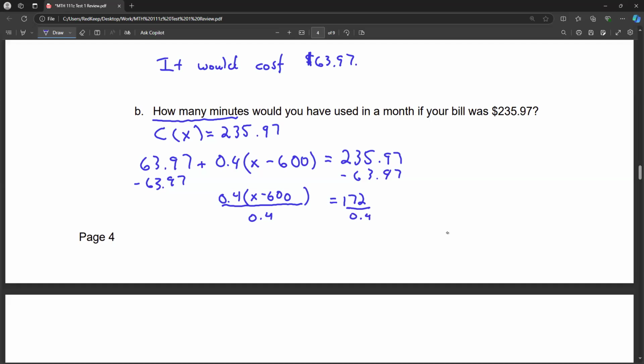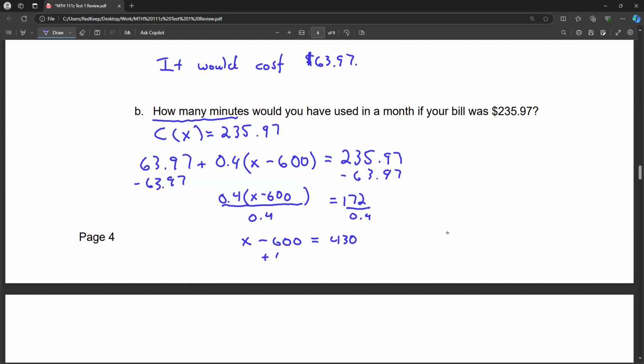As a result, on the left-hand side, we're just left with X minus 600, and on the right-hand side, we're going to be equal to 430. And so now we just have X minus 600 is equal to 430.